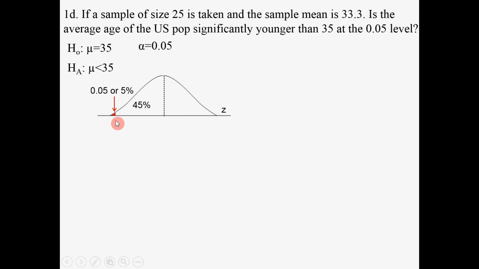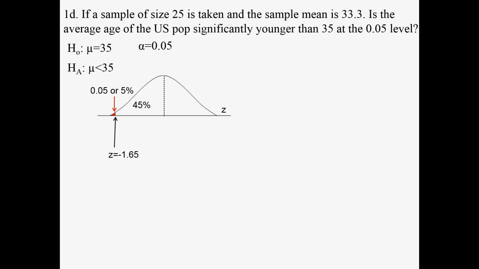So we look up the normal table, find the probability closest to 45%, and the critical z-score turned out to be negative 1.65.